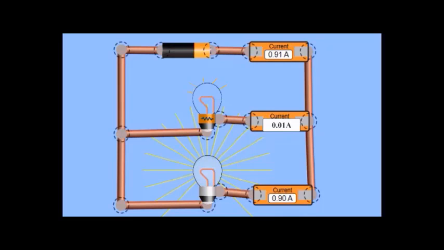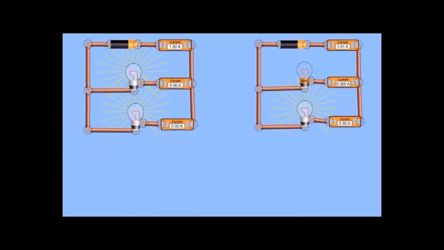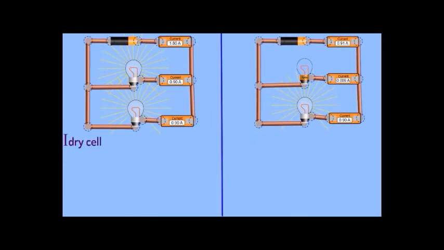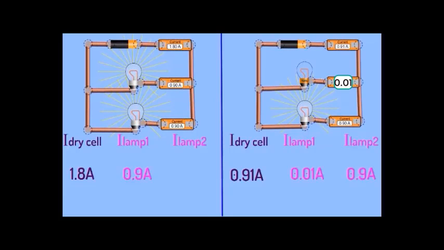What can you conclude? What is the relation between the intensity of the current of the dry cell and that of the lamps? Look at the values of the intensity of current of the lamps and dry cell that are obtained in these two circuits, then try to find the relation between them.